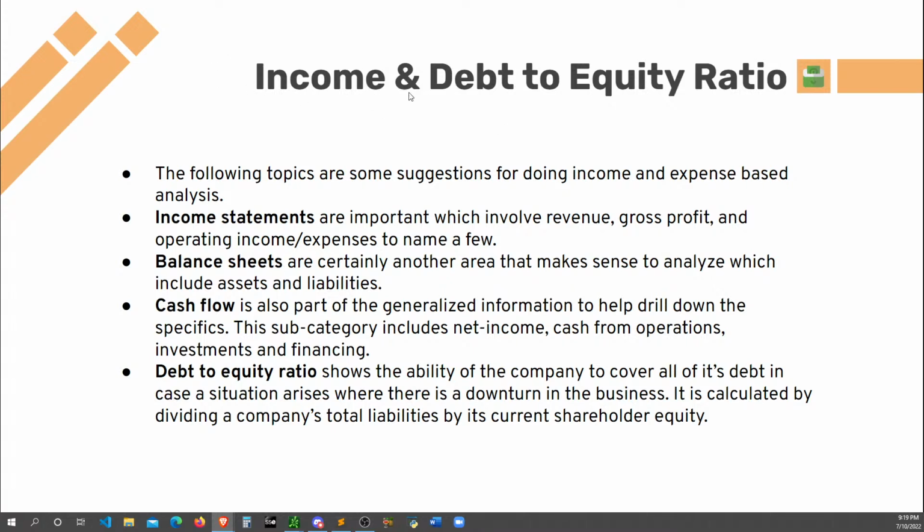Going back to income statements, they involve revenue, gross profit, operating income. The expenses are essentially how much out of that income and revenue and profits is going to be taken. When you calculate all that, it becomes your net profit, or net loss if the company's not doing so well.